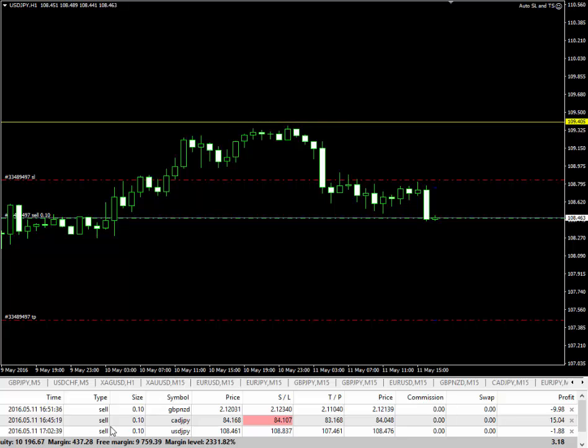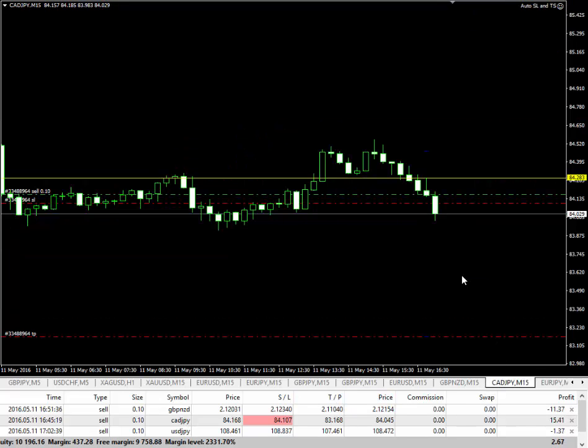Now one of your orders is coming into profit. Let's turn into CAD JPY. You can see here the trailing stop has come down below the sell price. As the market is going down, it will carry on coming behind it.